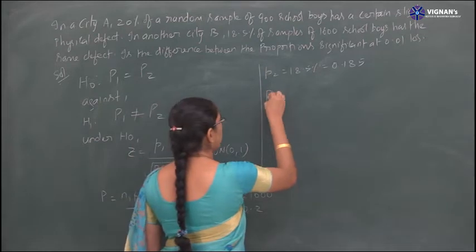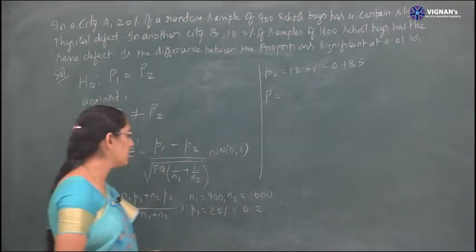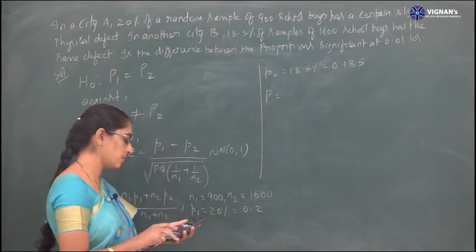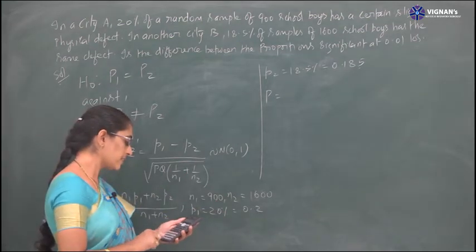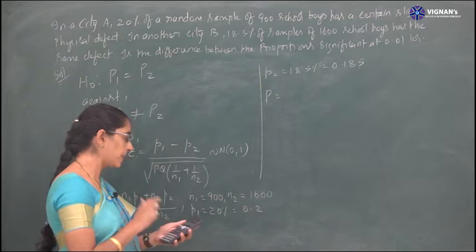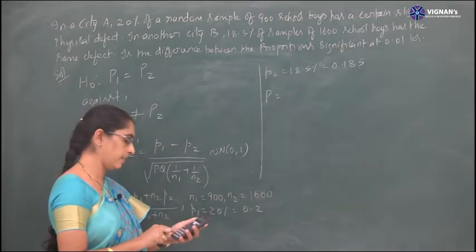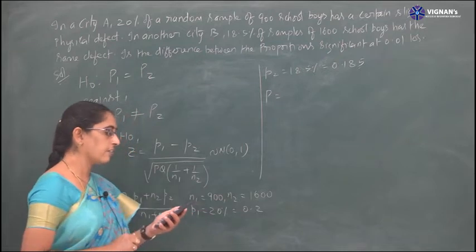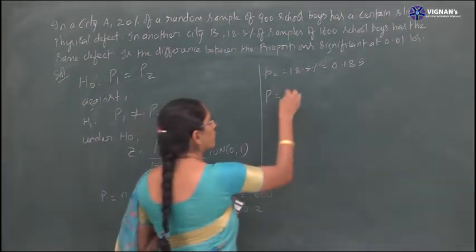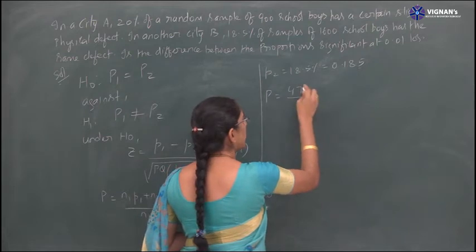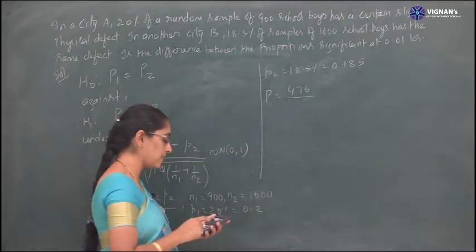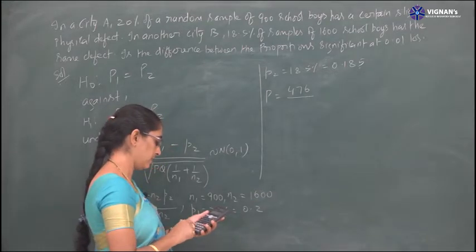So capital P equals n1 p1, that is 900 into 0.2, plus 1600 into 0.185, which is 476, divided by n1 plus n2, that is 900 plus 1600, which is 2500.